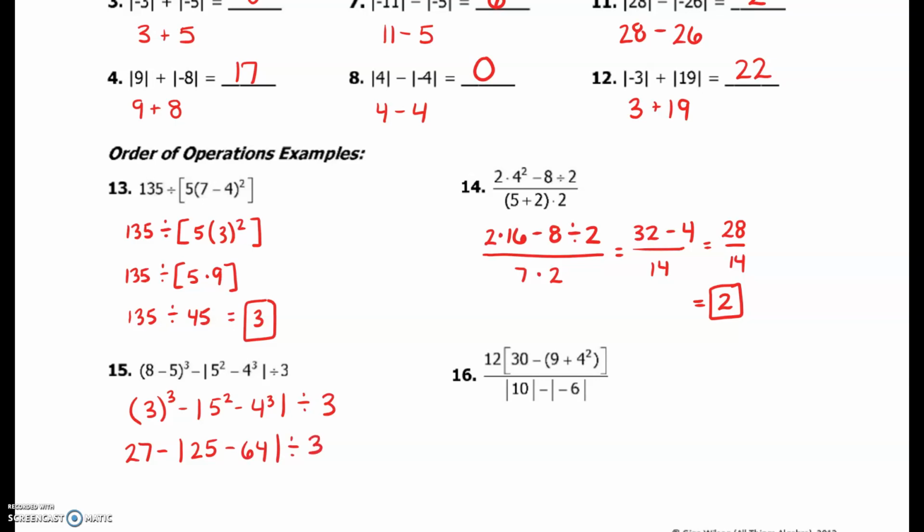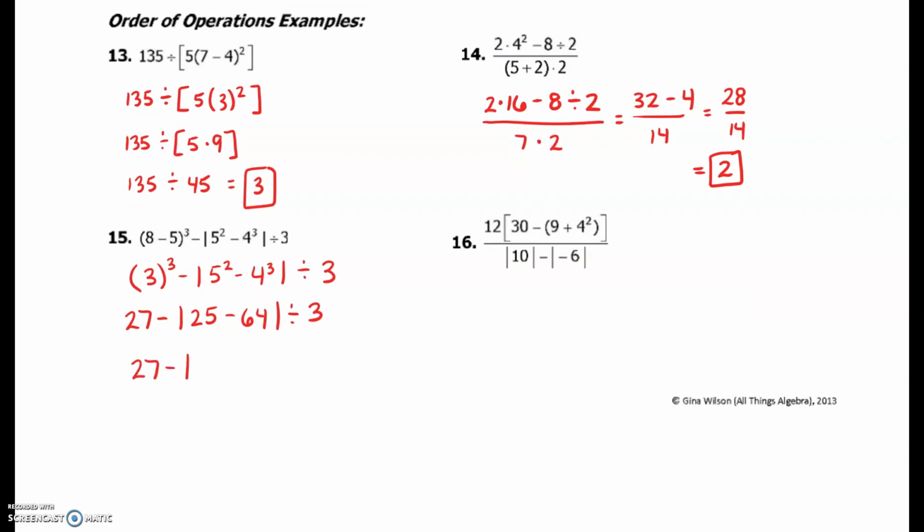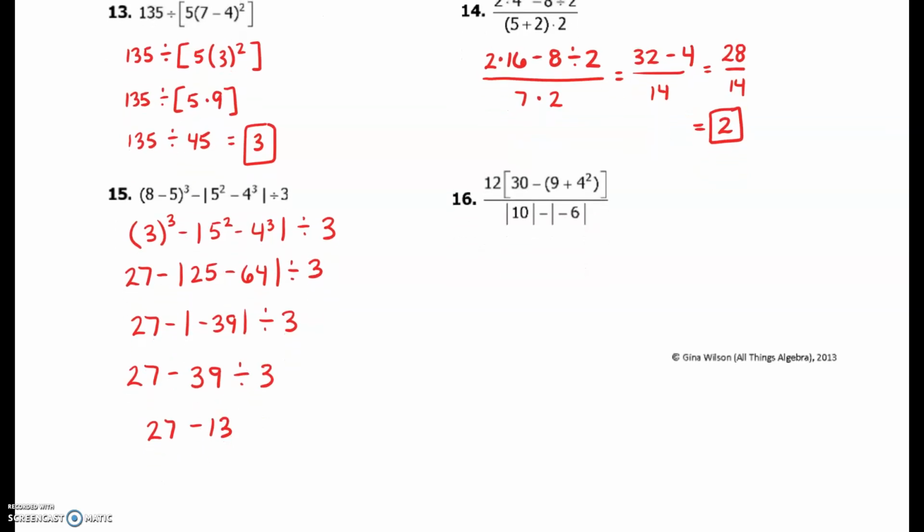Okay, now we treat the absolute value just like we did parentheses, and we end up with a negative 39 divided by 3. Well, that absolute value turns that negative 39 to a positive 39. We will complete the division step at this point and then subtract 27 minus 13 to get positive 14.